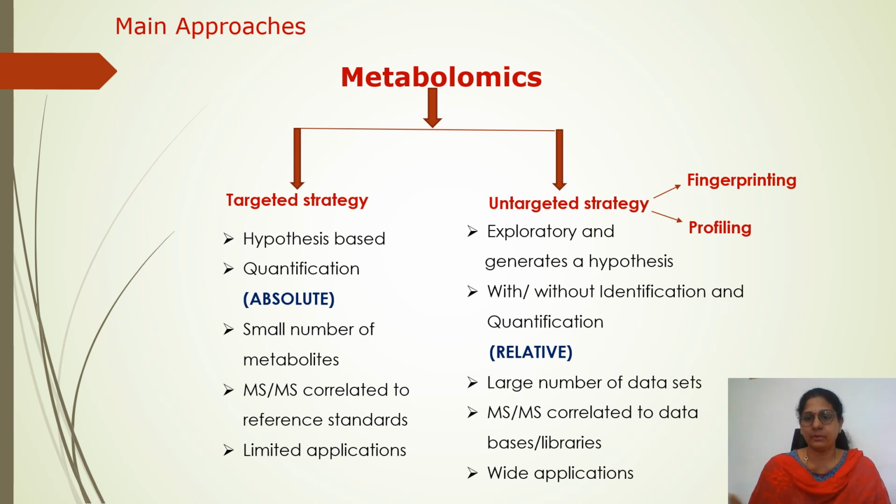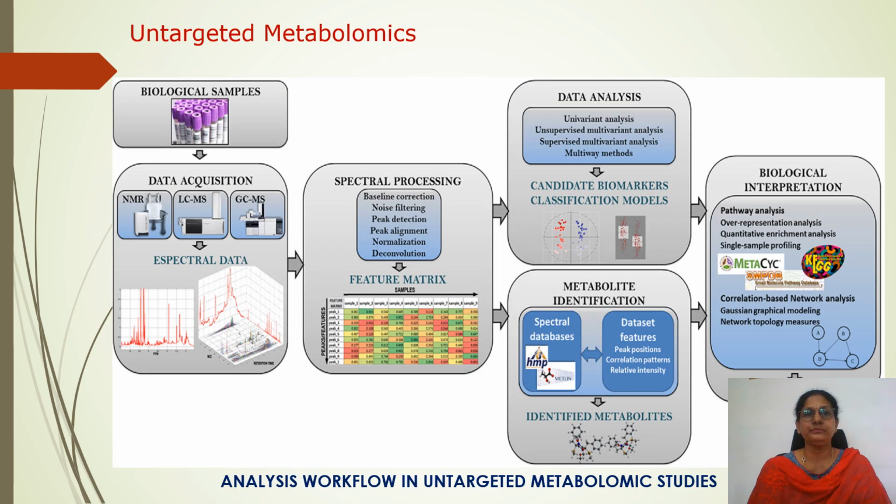We know combinatorial sciences, combinatorial library and all, the database is already available, so we can correlate the result obtained in the analysis with the databases, and wide applications are there for untargeted strategy.